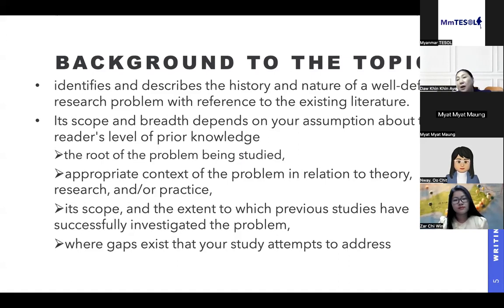As I mentioned to you, once you have the practical problem and you look at the literature and how much previous studies have done, you see where gaps exist that your study attempts to address, so that it will highlight the significance of your research. It highlights why research is needed in that area. Okay, next slide, please.